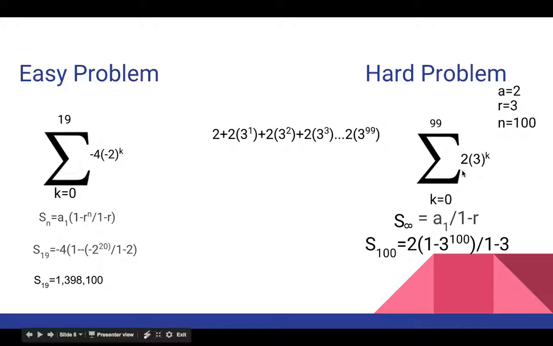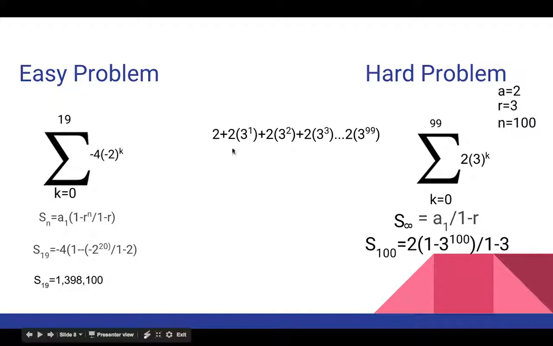Okay, so this time we know the same information here. And this right here is finite. So that's the same information we know.